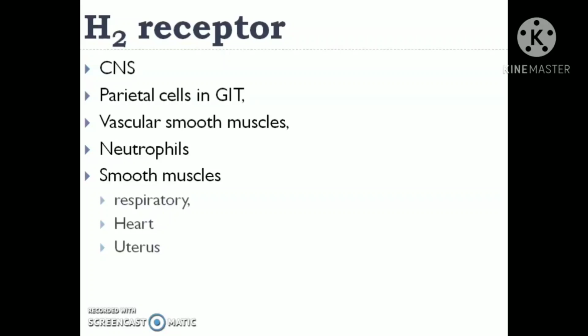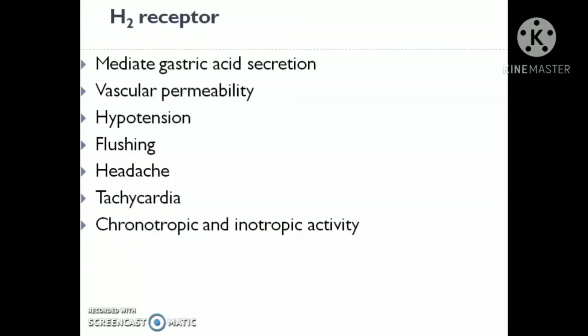That is, histamine acts as an acid secretagogue, increases the acid secretion. And the next important action of histamine on the H2 receptors present in the heart is that they produce positive inotropic and positive chronotropic activity. That is, they increase the force of contraction as well as increase the heart rate.